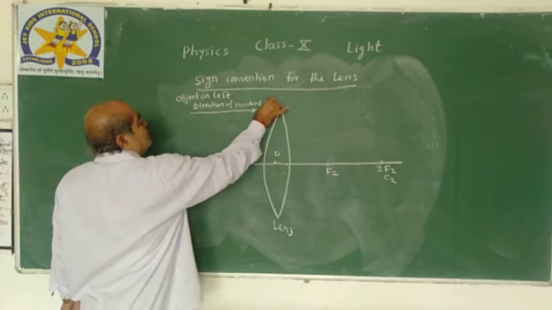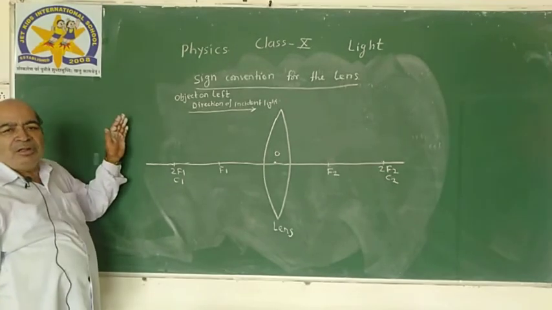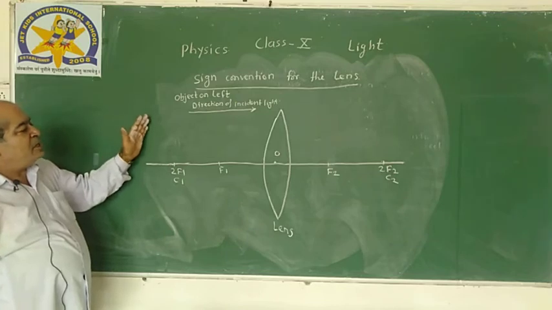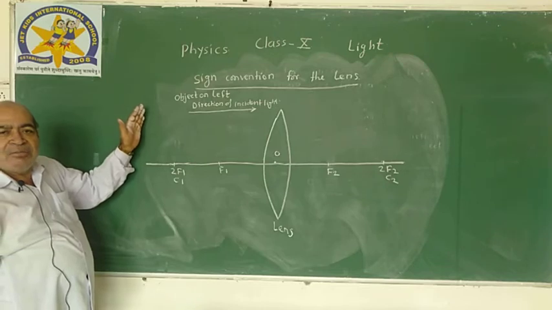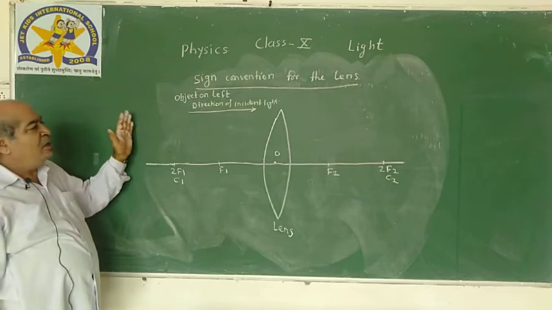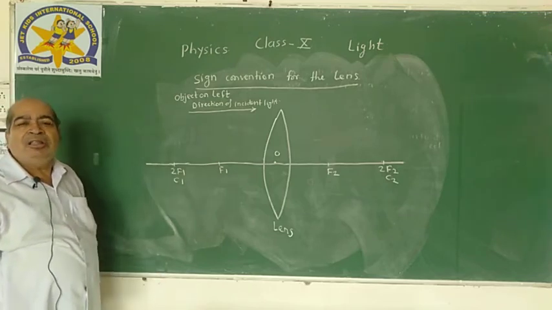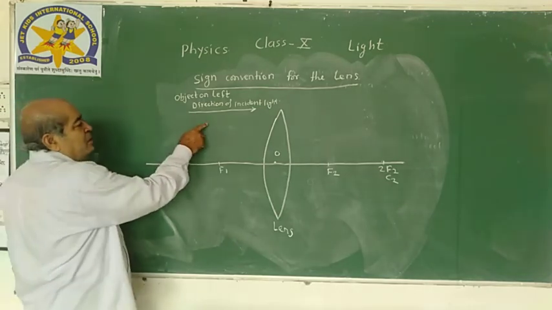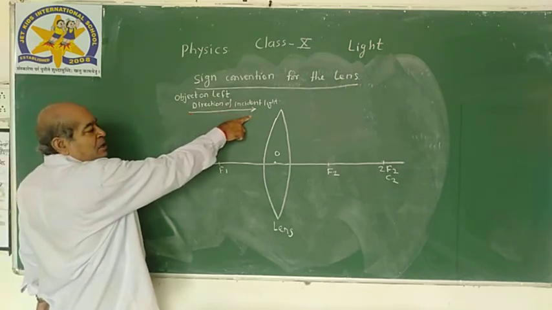The first sign convention is, the object should always be kept on the left side of the lens. It indicates that the light from the object is incident on the lens from left to right.